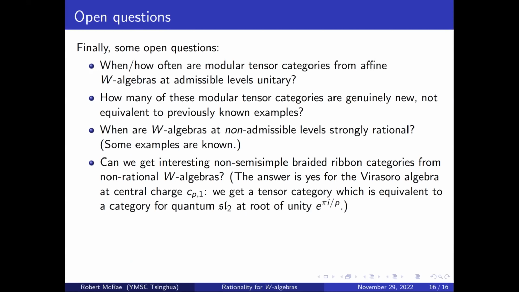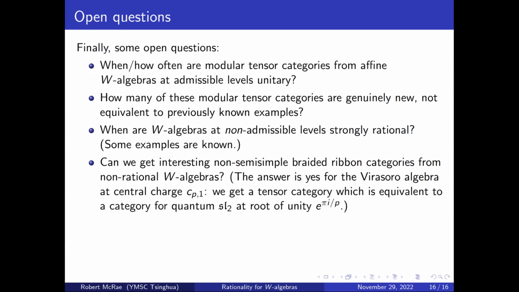Another question is when these new categories are actually not really new, but are equivalent to previously known examples. Sometimes you do get coincidences where a new W-algebra modular tensor category is equivalent to maybe one coming from a Virasoro algebra, for example.